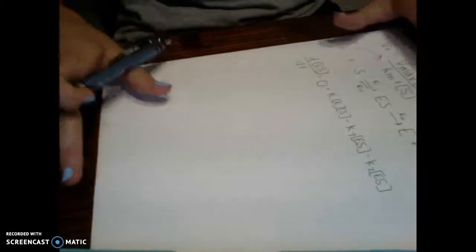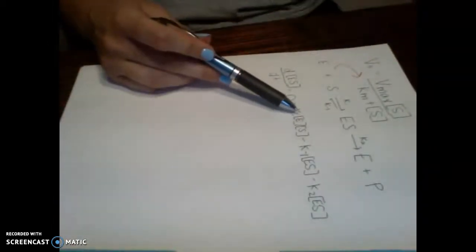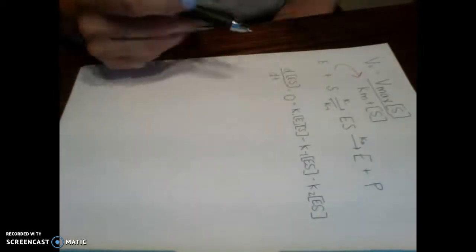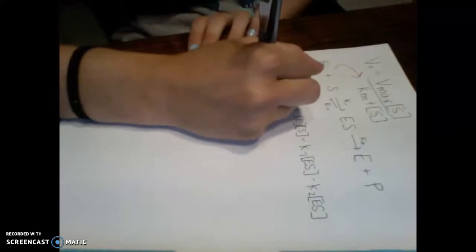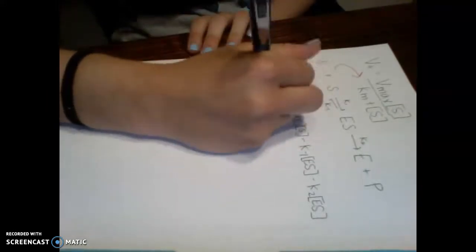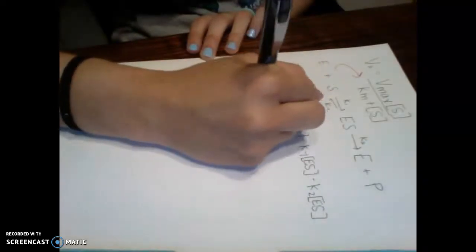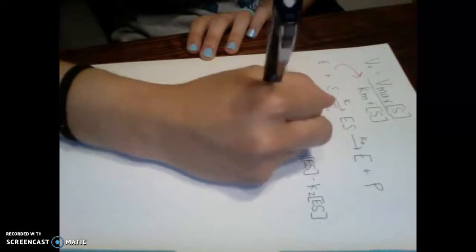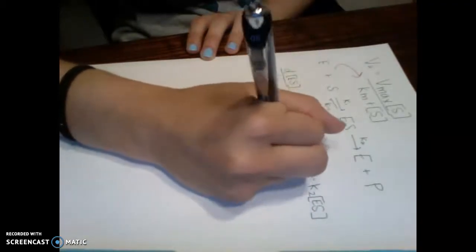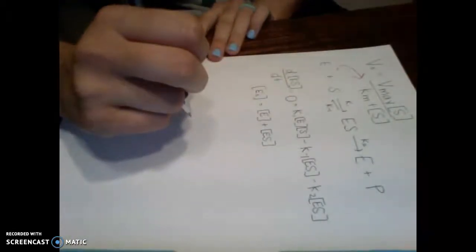We see here that we've got an E. A lot of the times that E is kind of difficult to define. So we can use this equation: E sub T, total enzyme concentration, is equal to the concentration of free enzyme plus the enzyme-substrate concentration.